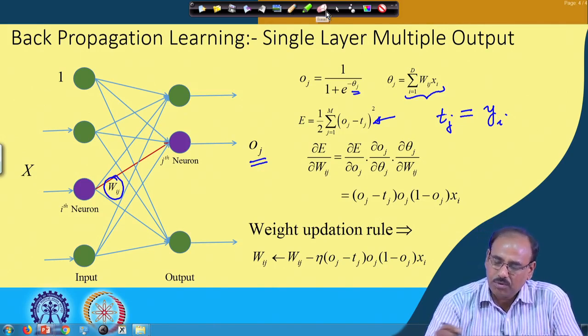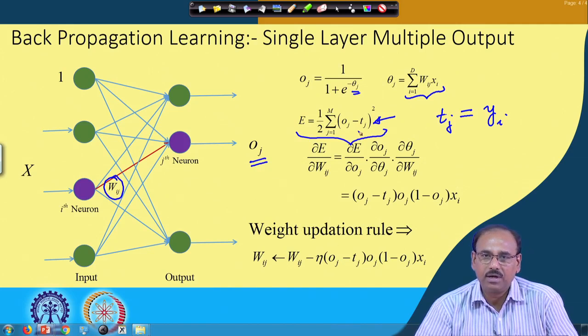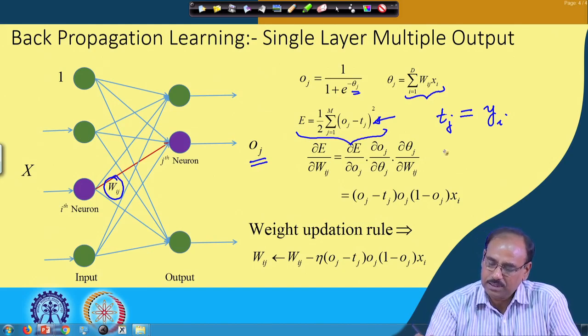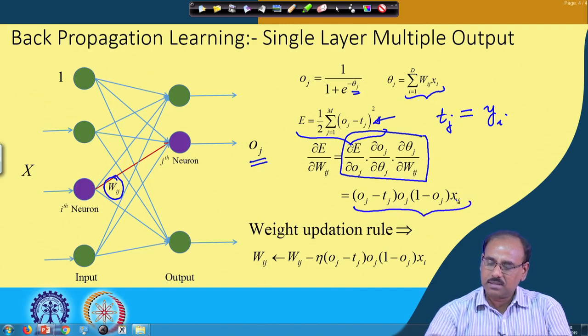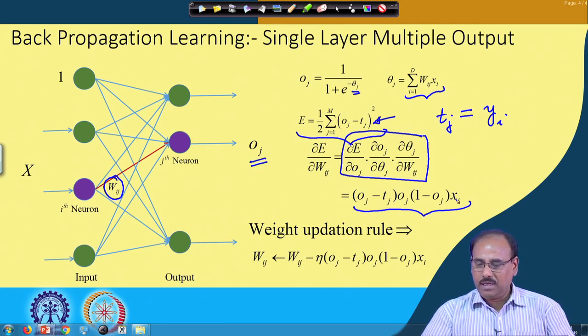What we need to do is minimize this loss function with respect to w_ij. For that, again we use the gradient descent approach. I have to find the gradient of this loss function with respect to the weights. So I compute del E del w_ij, which according to the chain rule is del E del o_j into del o_j del theta_j into del theta_j del w_ij. If you compute this, it comes out as (o_j minus t_j) into o_j into (1 minus o_j) times x_i.